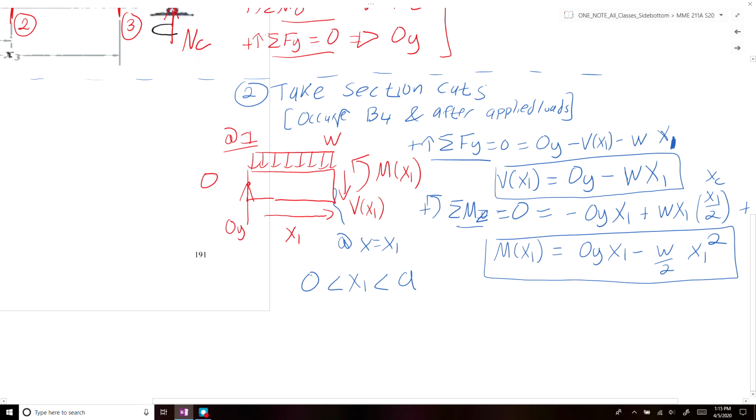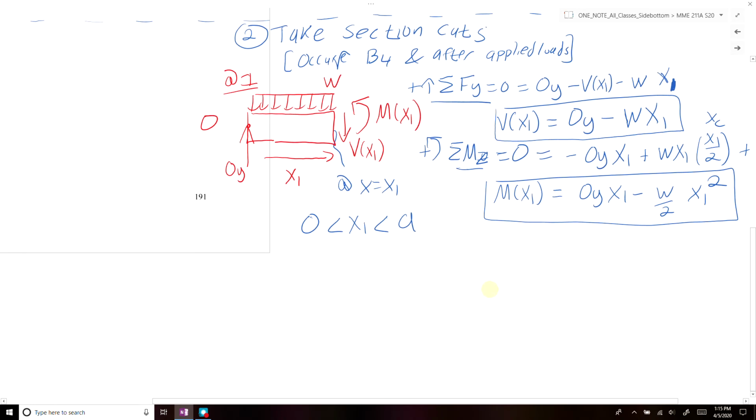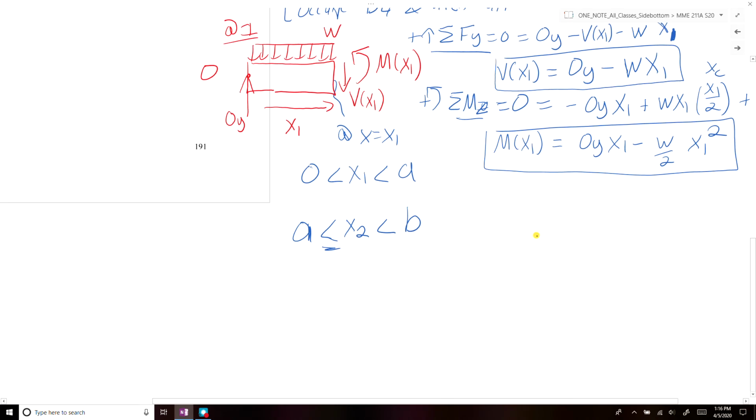Okay, so what we're going to do now is solve for the shear and moment functions in the x2 region, which is between point A and point B on our diagram here. So we're going to draw a free body diagram again.